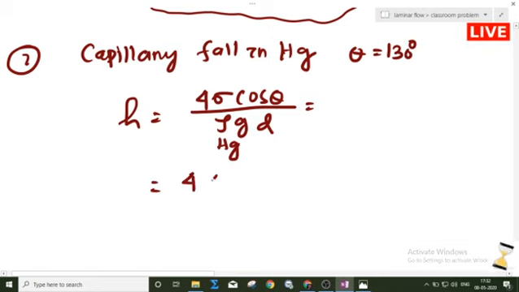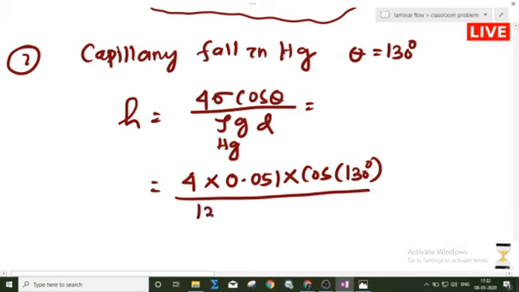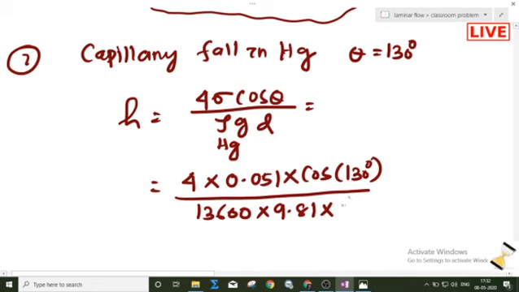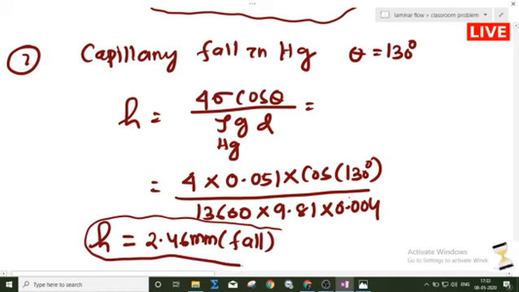So this is 4 into sigma, given as 0.051, into cos 130 degree. Their specific weight is not given, so we take the density of mercury, 13,600, into 9.81, into d, which is given as 0.004, 4 millimeter. So if you find the depression, we are getting 2.46 mm. This is the fall in height.